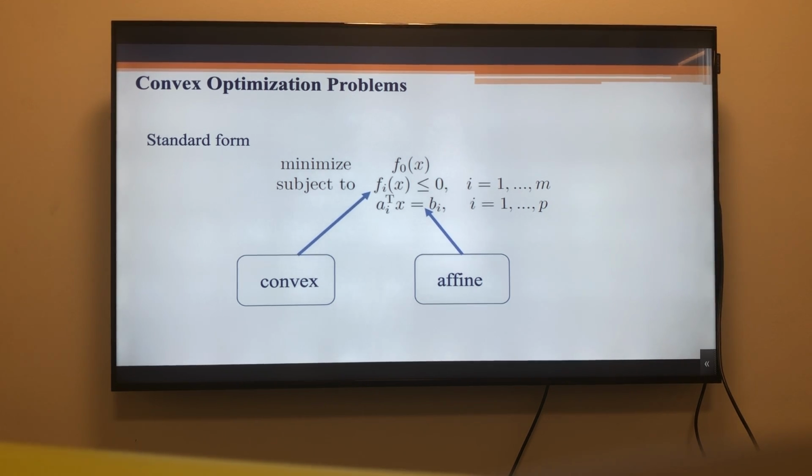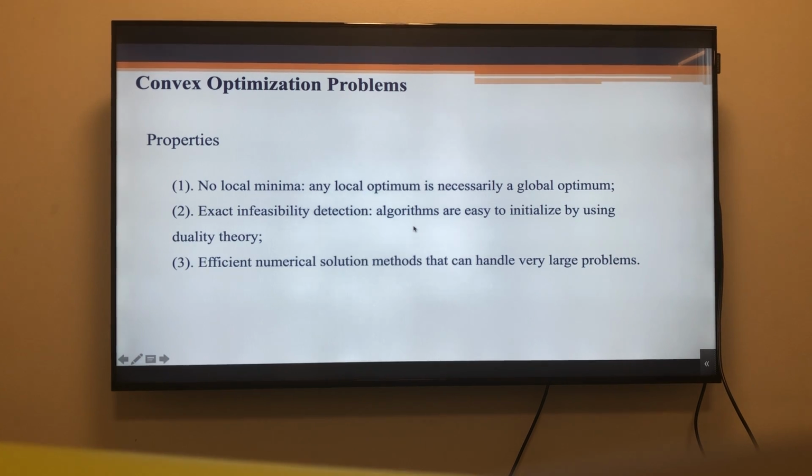Next, I would like to talk about the convex optimization problems. This is the standard form of this problem, and here we need to pay attention that the inequality constraint f_i is convex, and the equality constraint is affine. For convex optimization problems, there are some special properties.